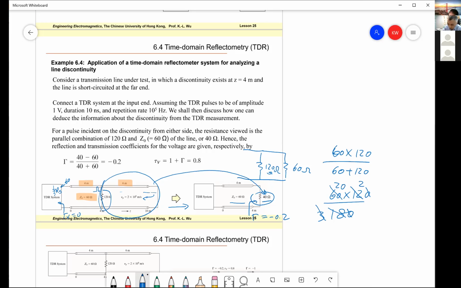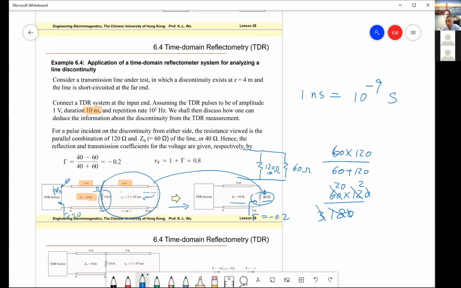Our pulse has a duration of 10 nanosecond. You know, one nanosecond equals 10 to the minus 9 second.